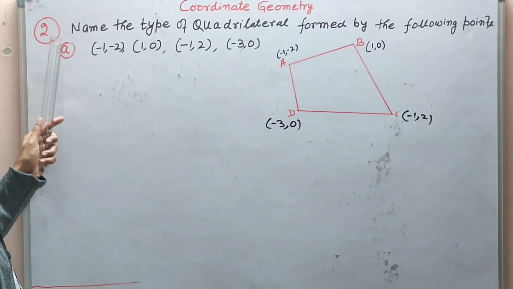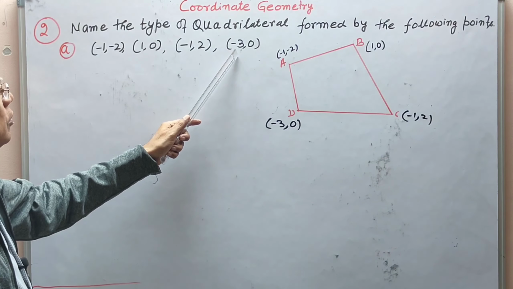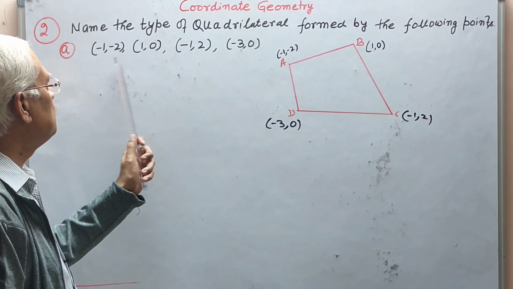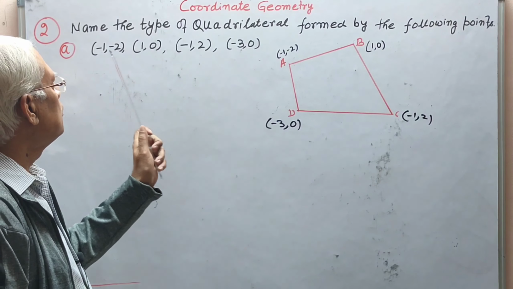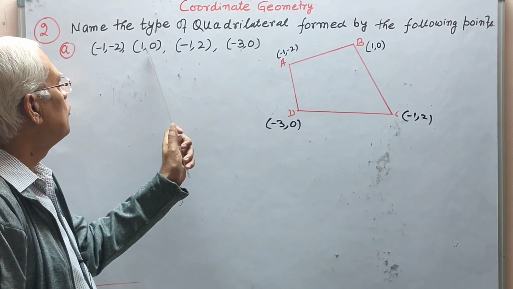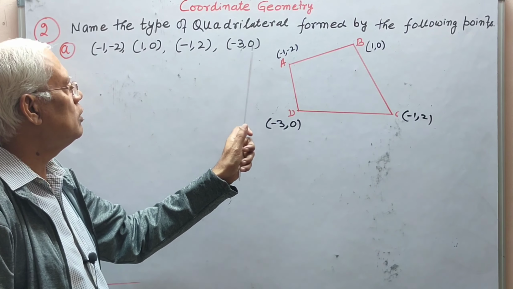Let us take the first part of the question. These are the vertices of a quadrilateral. I have written these vertices in this order: (-1, 2), (-1, -2), (1, 0), (-1, 2) and (-3, 0).